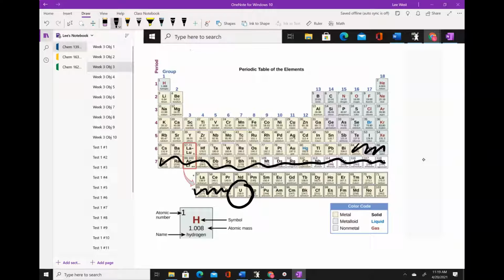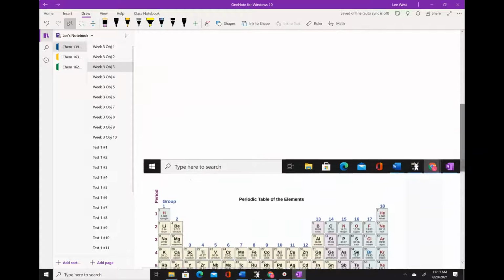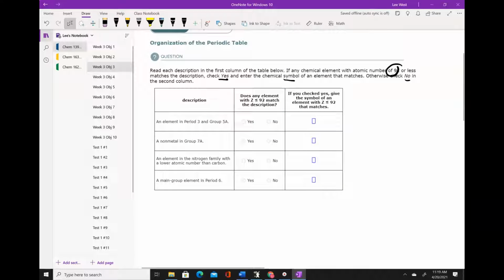So that's kind of interesting, right? So uranium is the last naturally occurring element, and so that's why they often reference that. It's another way of saying, are there any naturally occurring elements that meet this description?